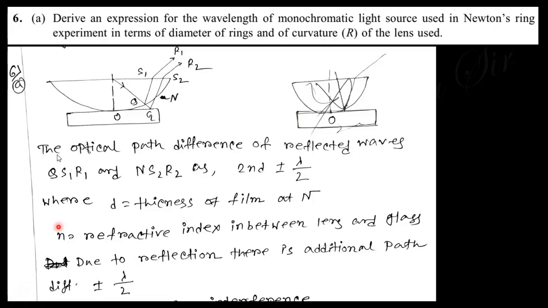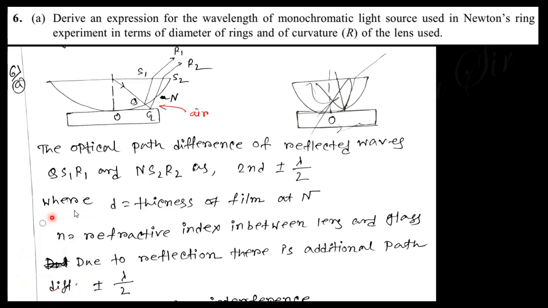Next one: derive an expression for the wavelength of a monochromatic light source using Newton's ring experiment in terms of diameter and radius of curvature. In Newton's ring experiment, the light is reflected from the upper side, and in the lower side, in this region, there is air.